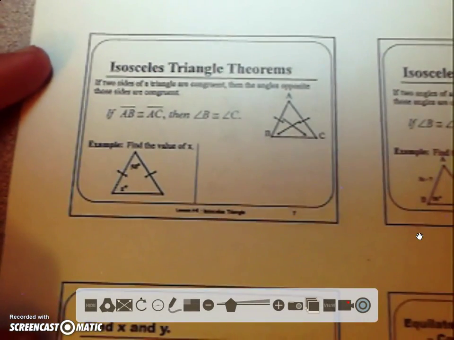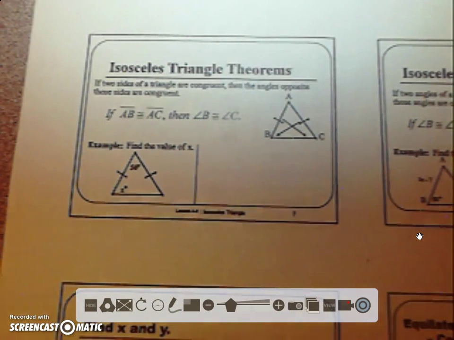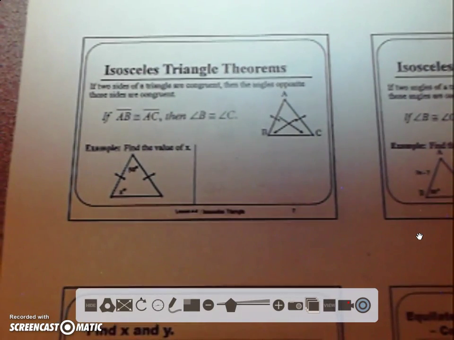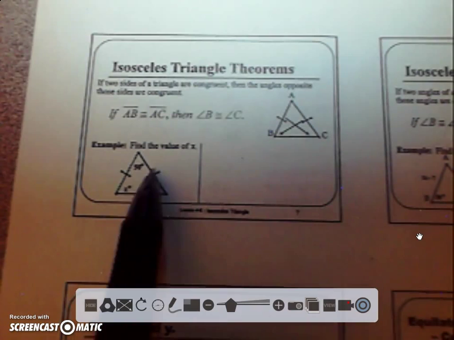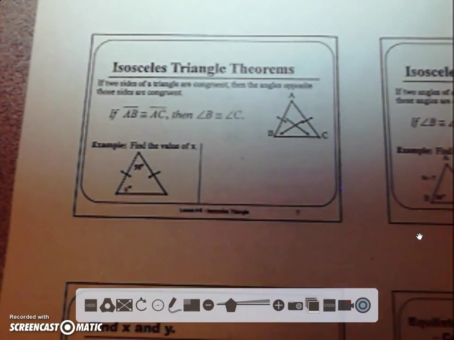There is a theorem, or a couple of theorems, that go with isosceles triangles specifically. So it says if two sides of a triangle are congruent, then the angles opposite those sides must be congruent, which means that we know our base angles of an isosceles triangle must be congruent. So if we were to find the value of x in this example here, this angle at the top is 50 degrees.